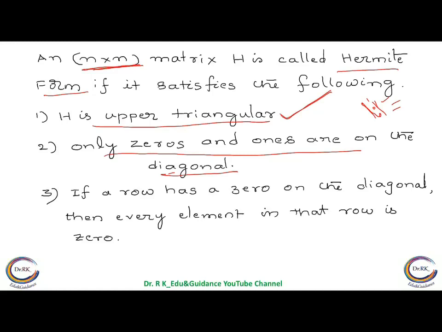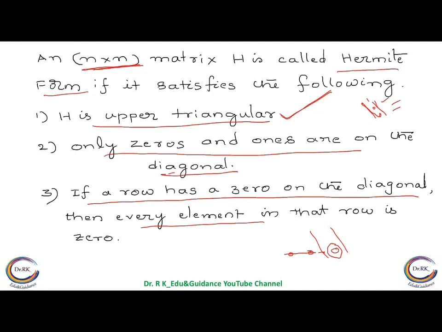Third condition: if a row has a zero on the diagonal, then the rest of the elements in that row have to be zeros. Whenever there is a zero in the diagonal, the rest of the elements in that row are zeros.